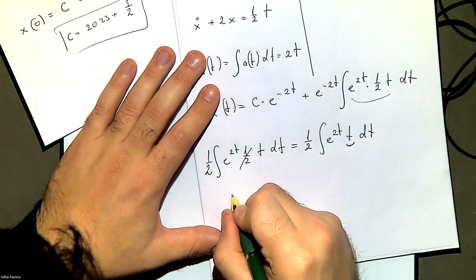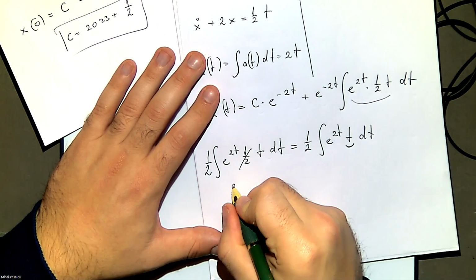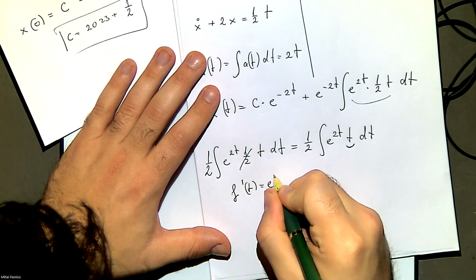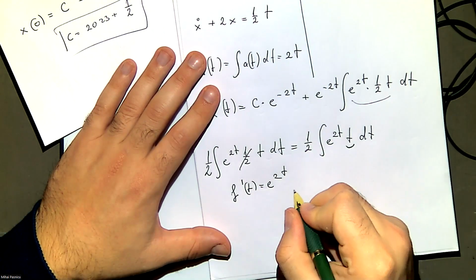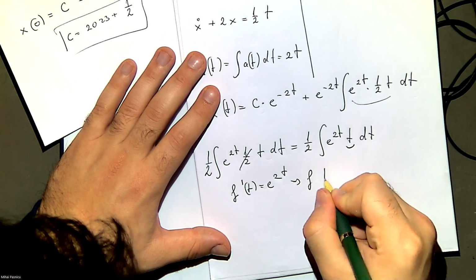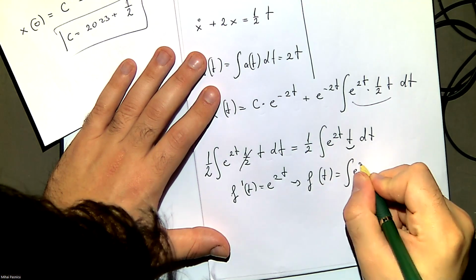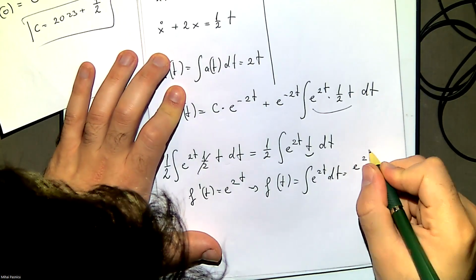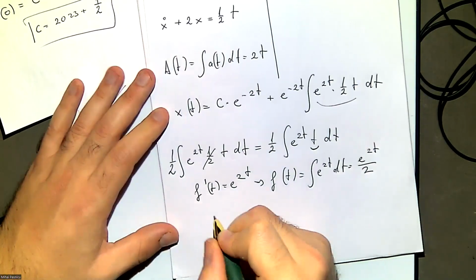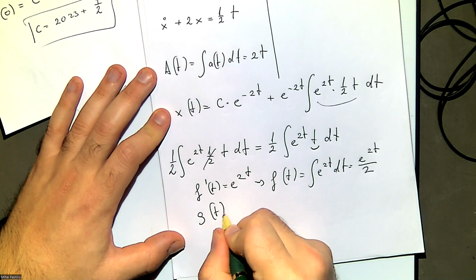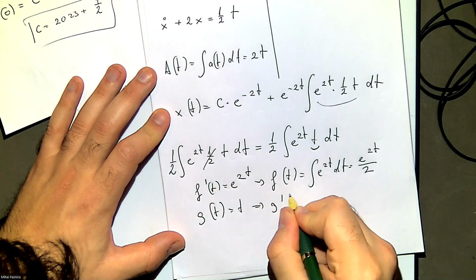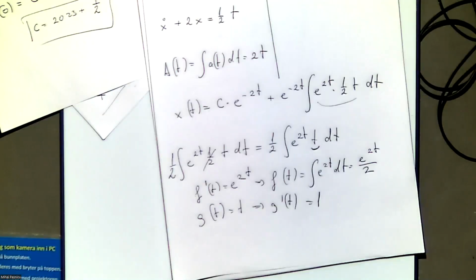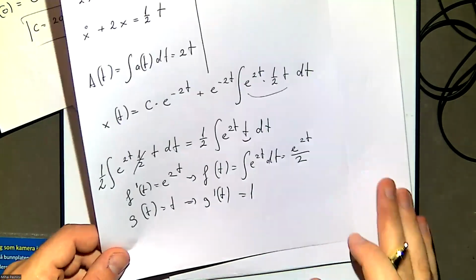So I'm just going to say let f prime of t be equal to e to the power of 2t. So f of t is just the integral of e^(2t) dt, which is e to the power of 2t over 2. g of t is equal to t, so g prime of t is equal to 1. This was my whole idea, so I'm just doing it like this.